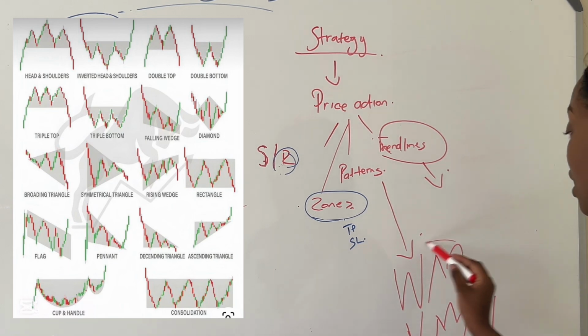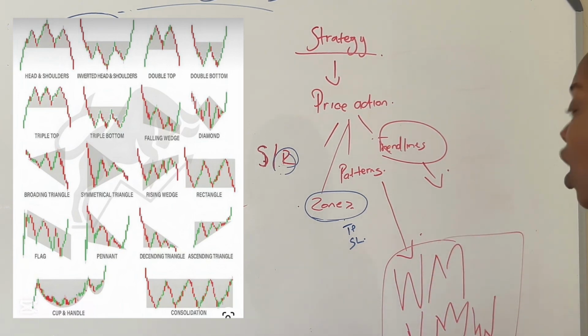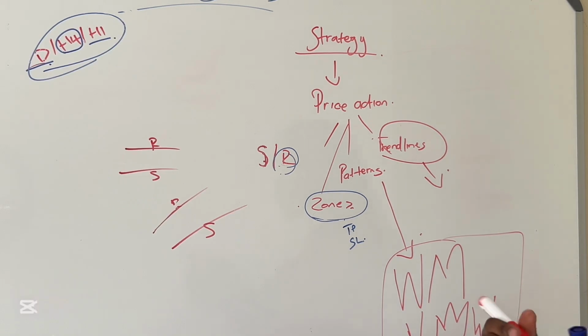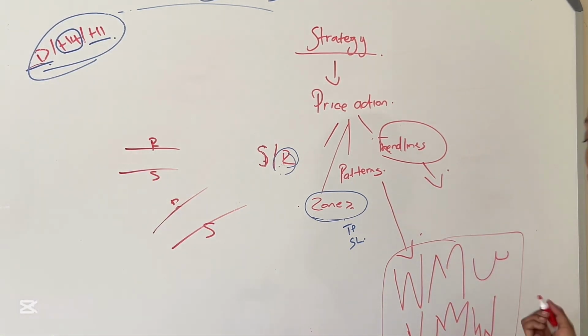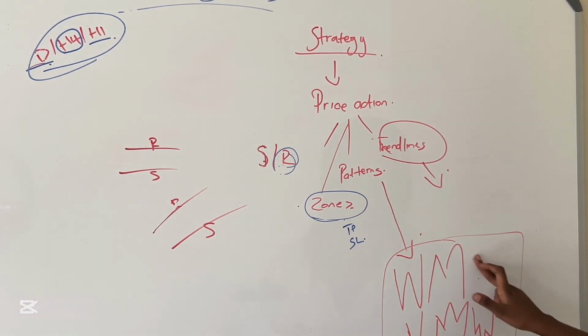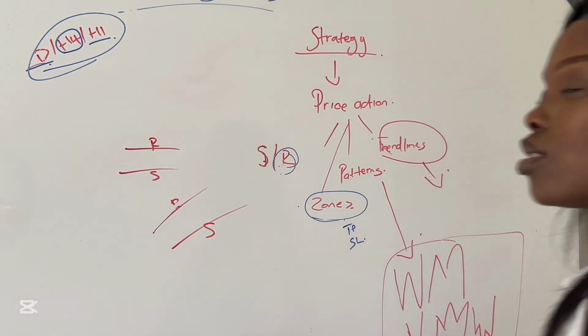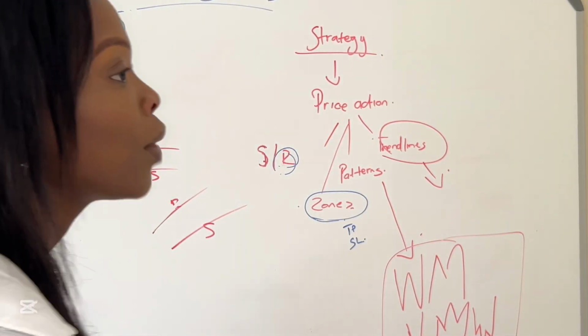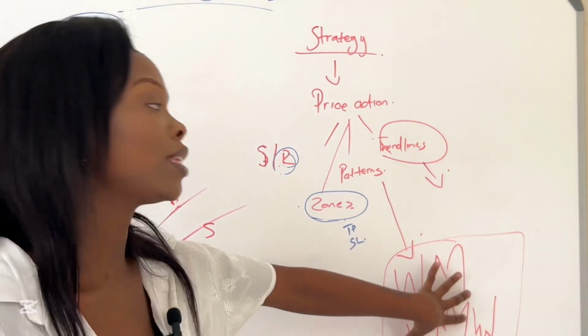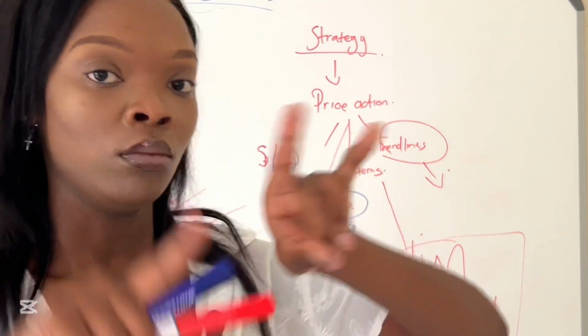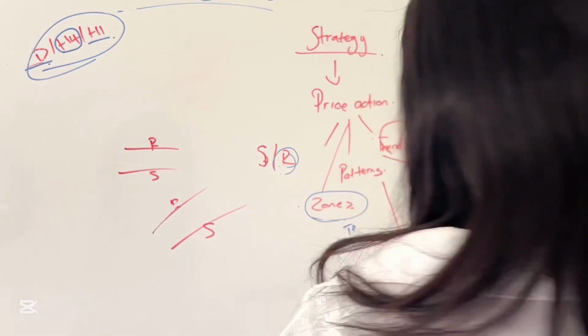We have so many patterns, guys. We also have cups, but these ones are normally the ones we use. Cups are there, but it's not really a pattern you'll find often. These ones you always find.